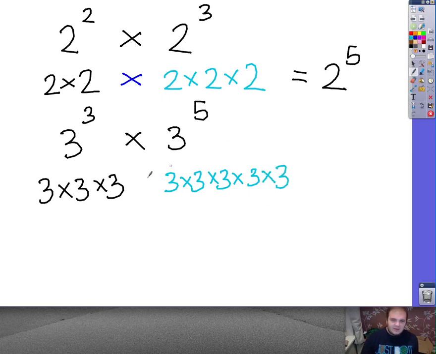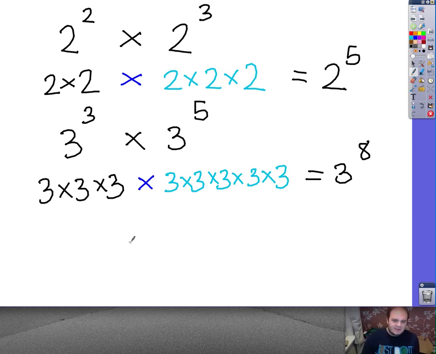They're being timesed together. If we count them, I've got 1, 2, 3, 4, 5, 6, 7, 8. So it's 3 to the power 8.